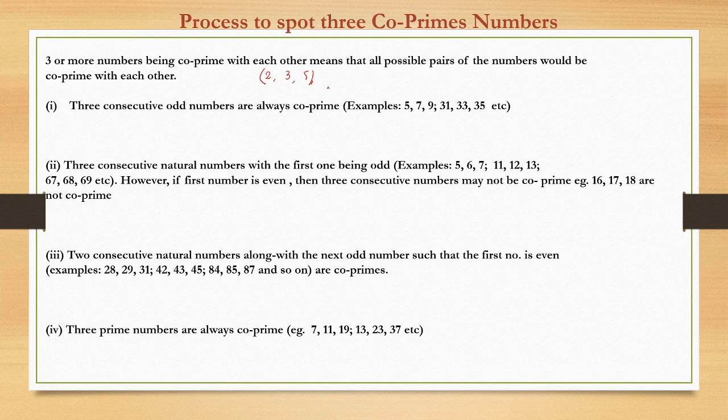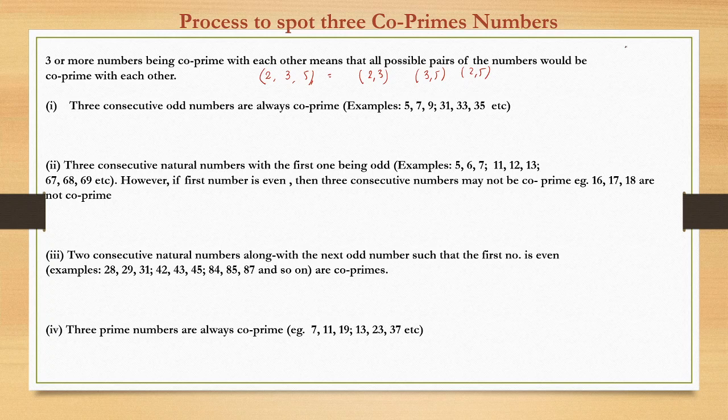Three or more numbers being co-prime with each other means all possible pairs of the numbers would be co-prime to each other. So here 2, 3, 5 will be co-prime only if 2 comma 3 is co-prime, then 3 comma 5 is co-prime, then 2 comma 5 is co-prime. So all possible pairs should be co-prime, and only then will the triplet be co-prime.